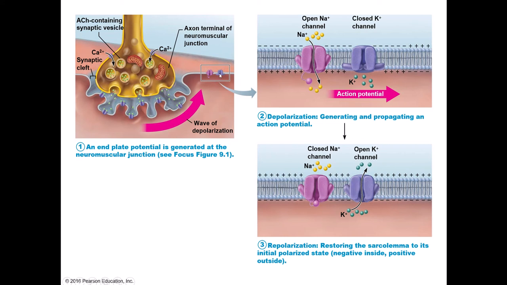As that depolarization spreads along the muscle membrane, that will open ion channels for sodium, voltage-gated ion channels. Sodium influxes into the muscle, which continues to spread the action potential. As the wave of the action potential passes, potassium channels will open up, potassium will leave, and this part of the membrane will repolarize back to normal.